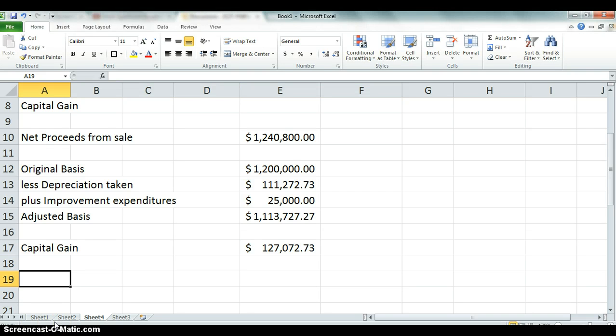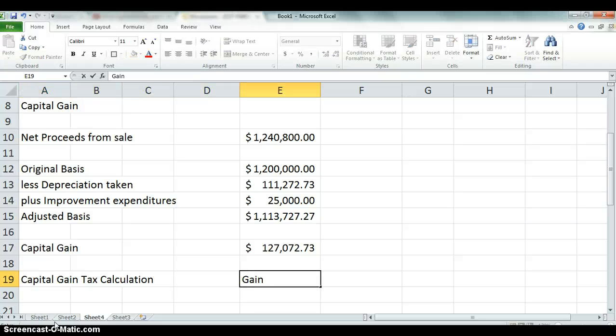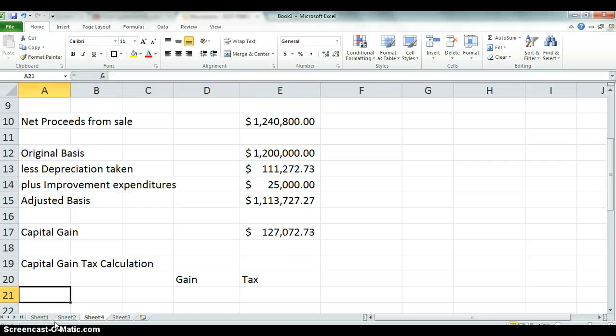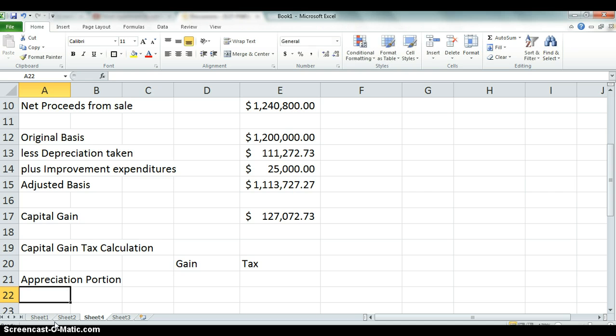Now we will calculate our capital gain tax. We will make again a chart that shows everything we need to know. We will calculate capital gain on appreciation and also on depreciation taken.